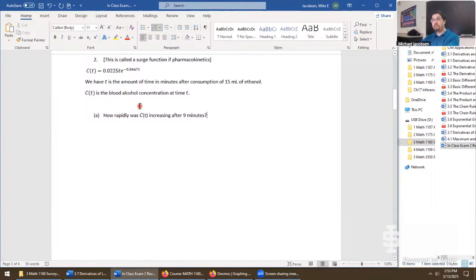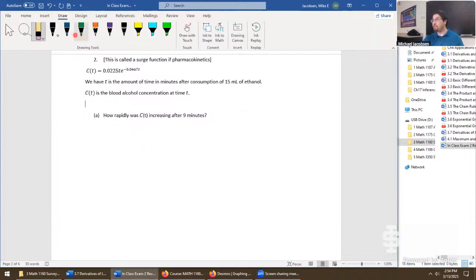The thing that's really challenging about the way this question is asked is you cannot plug 9 minutes into the original function. That's just your blood alcohol level. It's not the rate at which your blood alcohol level was actually changing. Because it was saying how rapidly is it increasing, that's an indication of its rate of change, which means that's a derivative question.